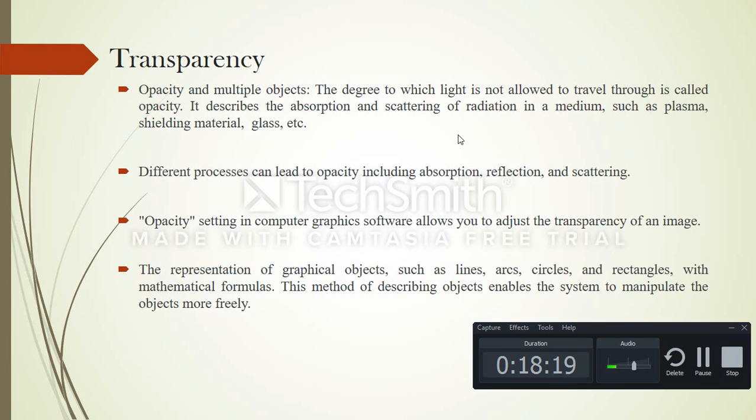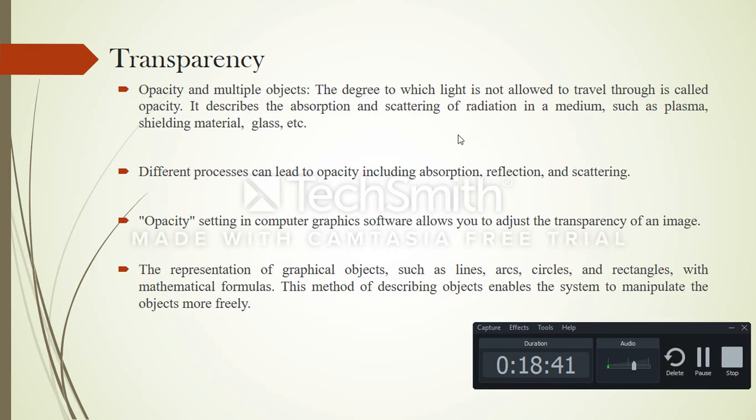Opacity and multiple objects. The degree to which light is not allowed to travel through is called opacity. It describes the absorption and scattering of radiation in a medium such as glass, shielding material, etc. Different processes can lead to opacity, including absorption, reflection, and scattering.